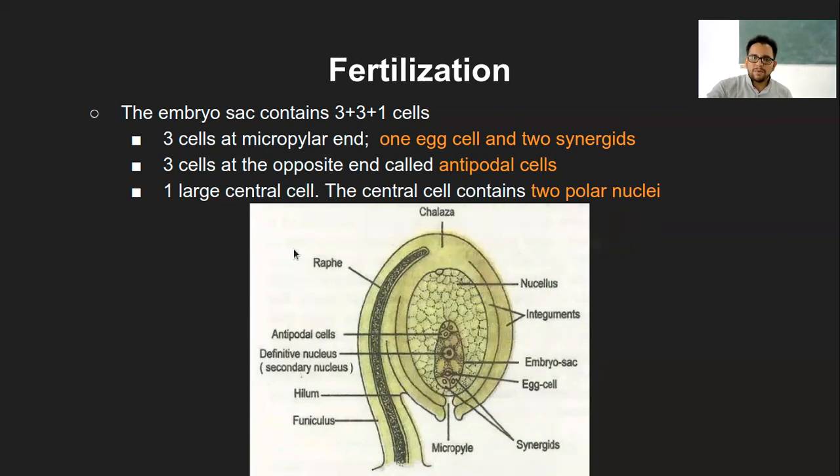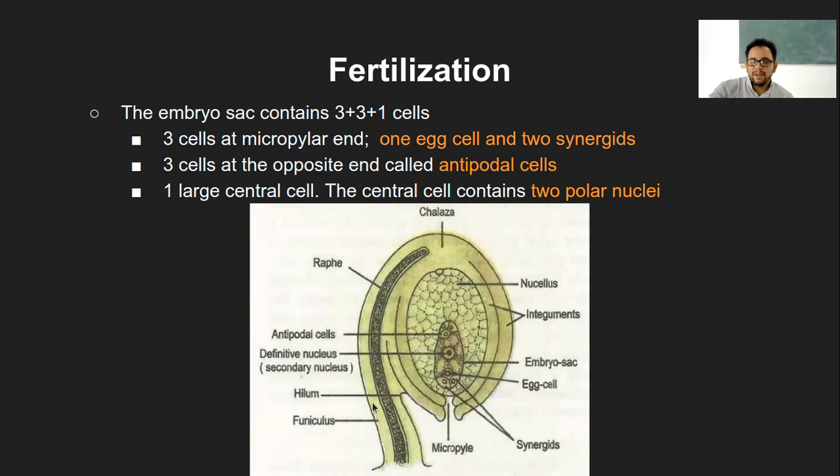Then there is the raphe, which is the holding structure along with the funiculus, or it is also called the funicle, and that way it helps in the attachment. If you remember placentation, I had mentioned the placenta is the structure which holds the ovule within the whole ovary, and that placenta has this raphe-like structure.